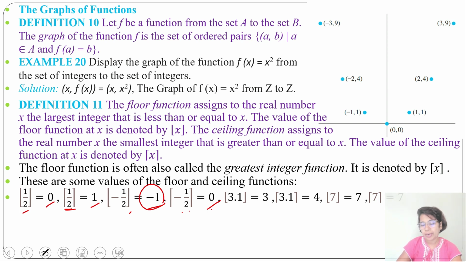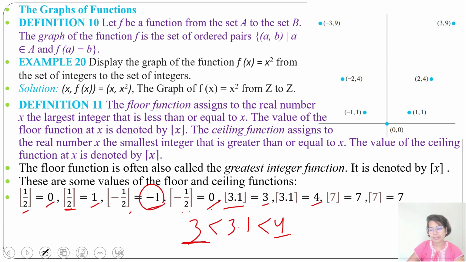Then for 3.1, its floor function is 3 and its ceiling function is 4. So 3.1 is greater than 3 and less than 4. So you can say its floor value is 3 and ceiling value is 4. For 7, its floor value is 7 and ceiling value is also 7.